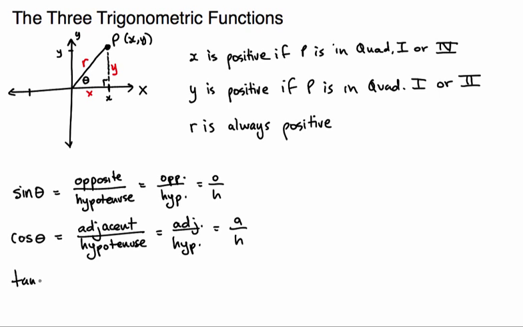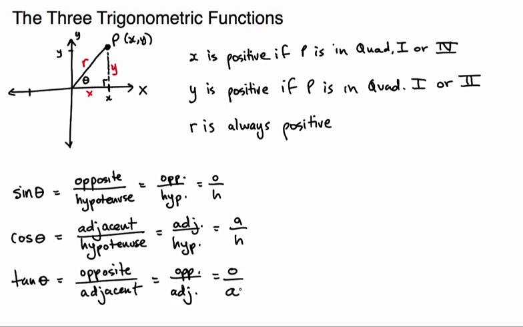And the tangent of the angle, shortened to tan theta, is the opposite over the adjacent, or the letter O over A. And some of you may have even seen a shortcut to remembering these as the mnemonic SOHCAHTOA: sine opposite over hypotenuse, cosine adjacent over hypotenuse, tangent opposite over adjacent.